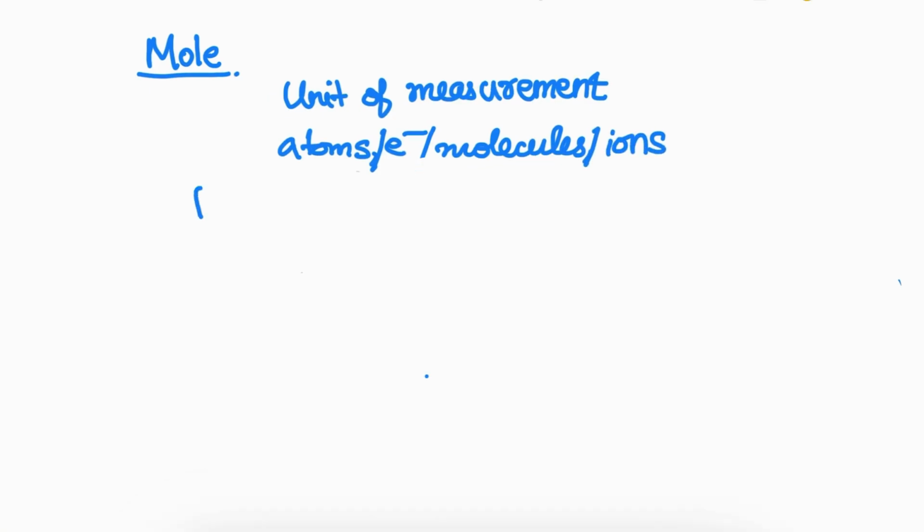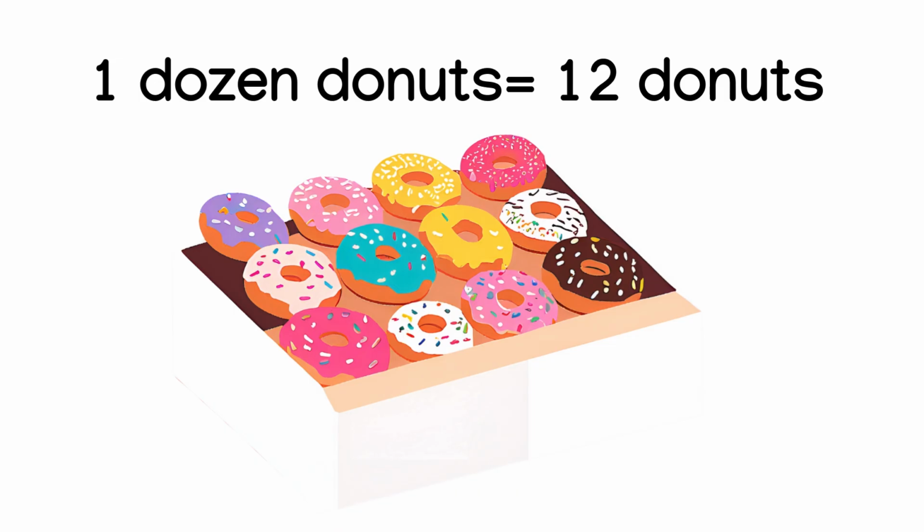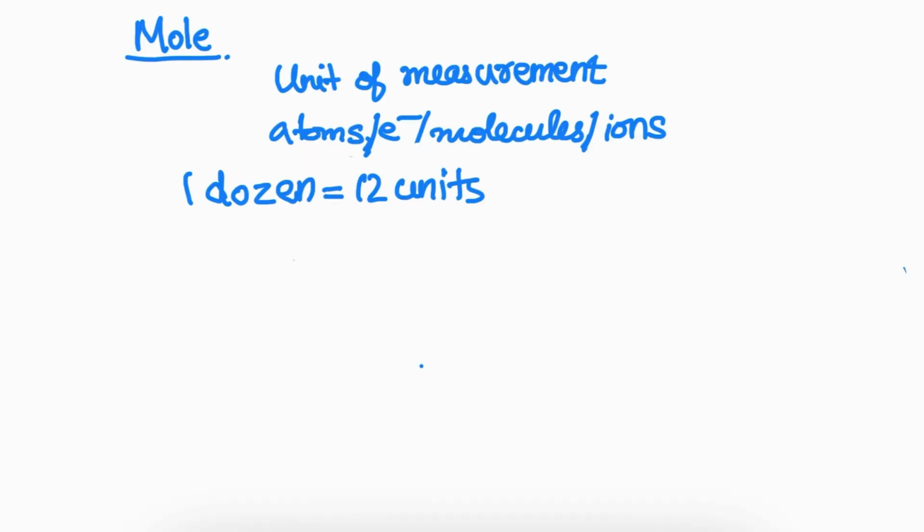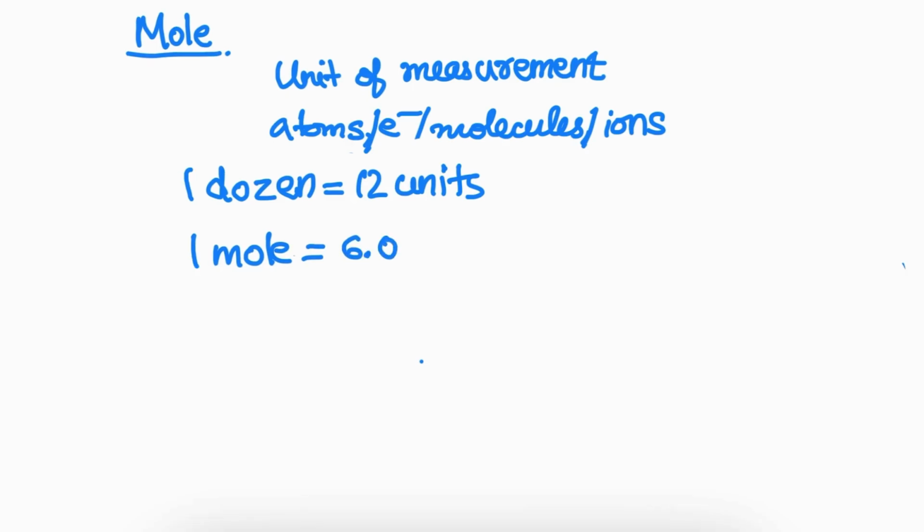You know that 1 dozen is equal to 12 units, right? So when you ask for 1 dozen of donuts, for example, you will get 12 donuts. Similarly, if you ask for 1 mole of something, you will get 6.022 × 10^23 units.